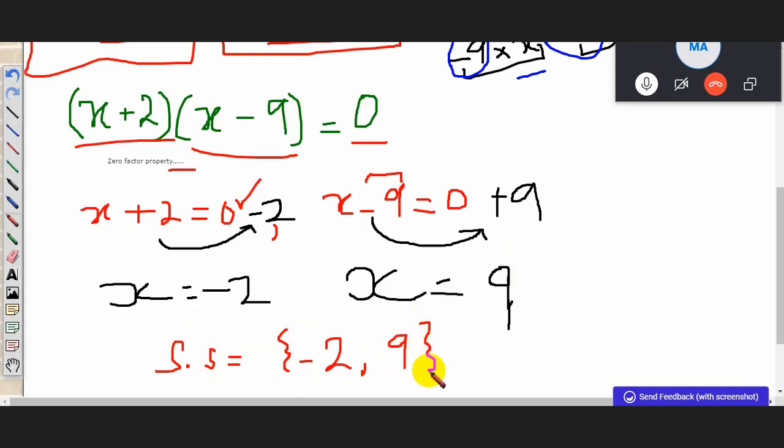When we were solving linear equations, we only got one value there. Remember, there was only one value, right? But here we get two answers. Can you tell me why? Which one is the value of x exactly, -2 or 9? Both, because the equation is degree 2, right?